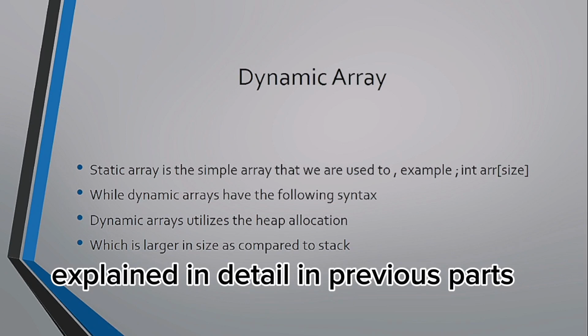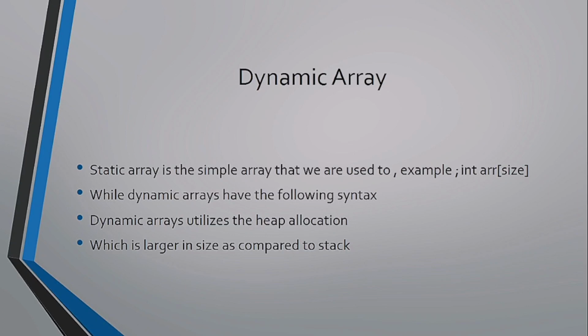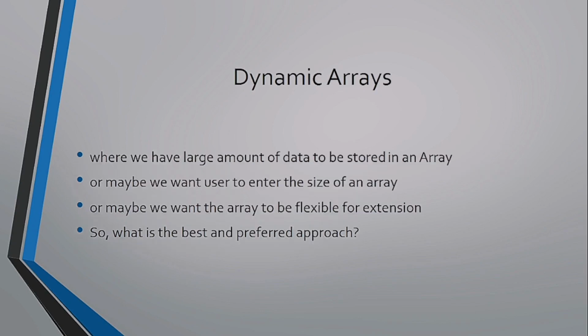A very major key difference is the size of both memory allocations. In heap, we have a huge amount of size available for data as compared to stack memory. So if I have to enter a large amount of data, the safe case is to use a dynamic array.